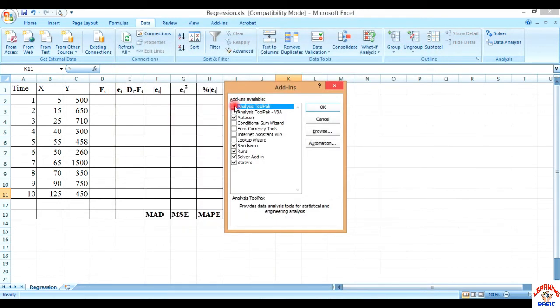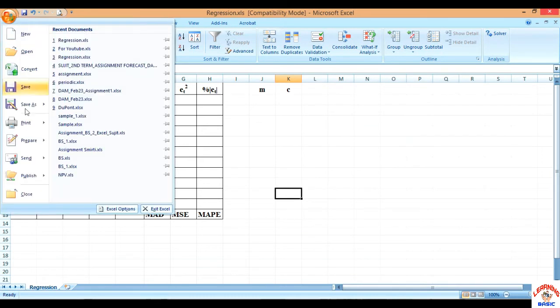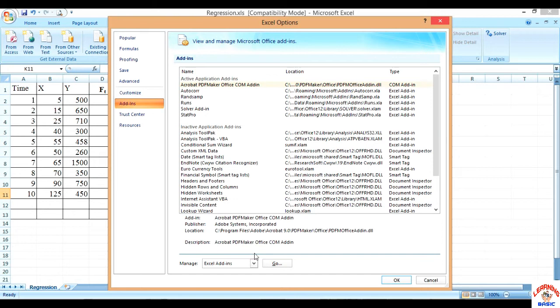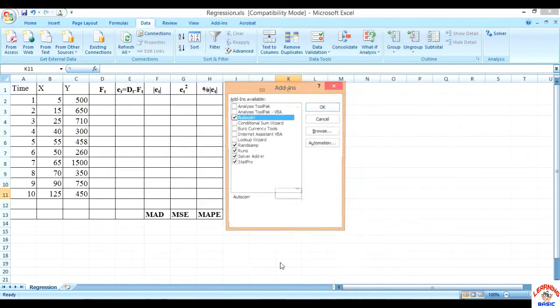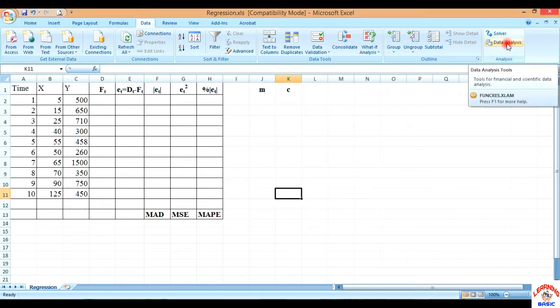Make sure that it is ticked. If it is unticked, it disappears from here. So tick the Analysis ToolPak and OK, and you'll find the Data Analysis here.